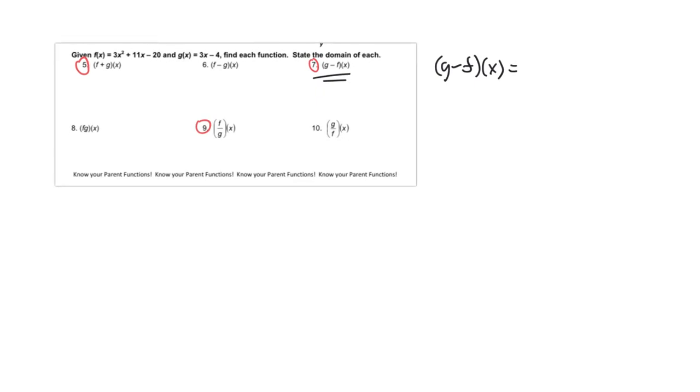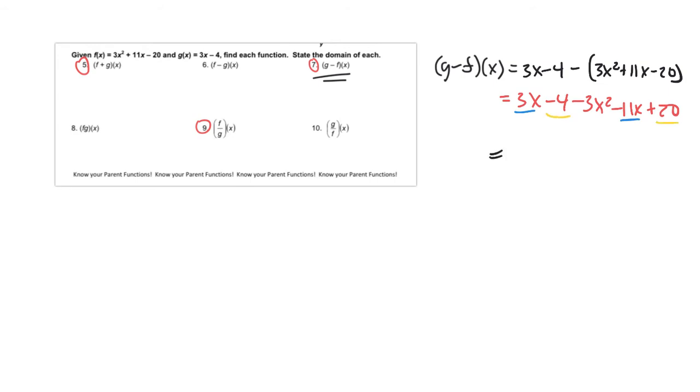So it starts with g, so it's going to be 3x minus 4 minus the quantity of 3x squared plus 11x minus 20. And distributing the negative, we would have to do 3x minus 4 minus 3x squared minus 11x plus 20. The like terms are, here are the x terms, here are the constants.